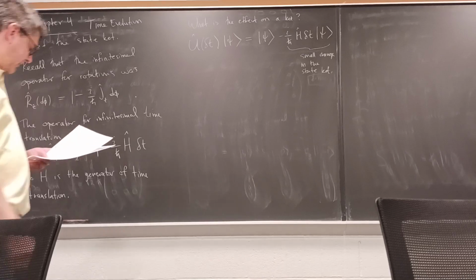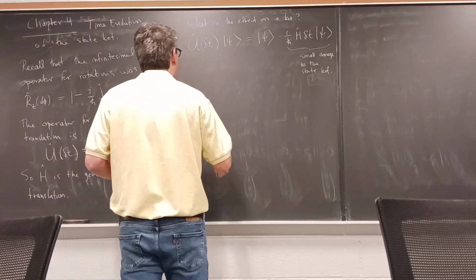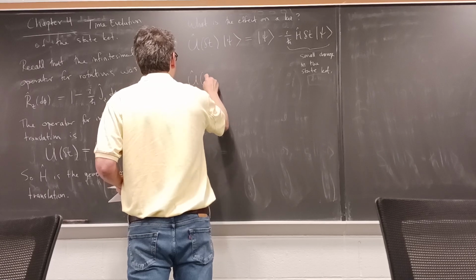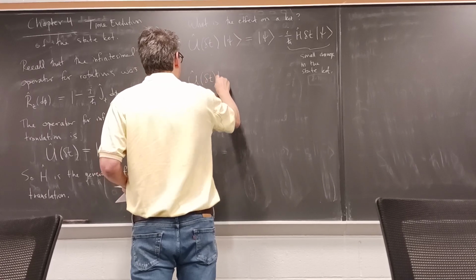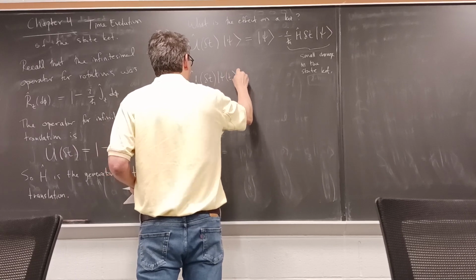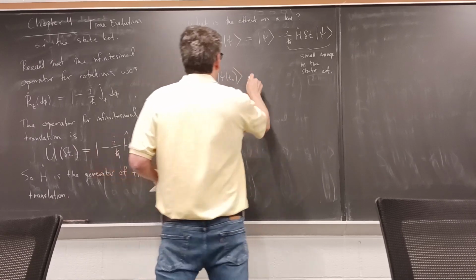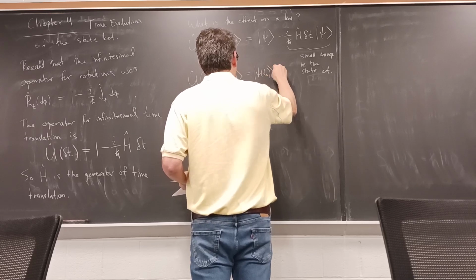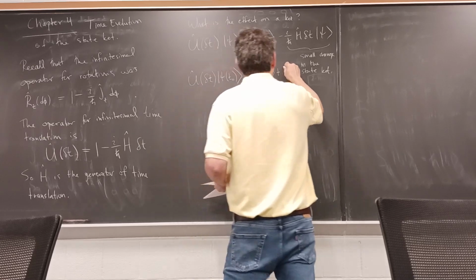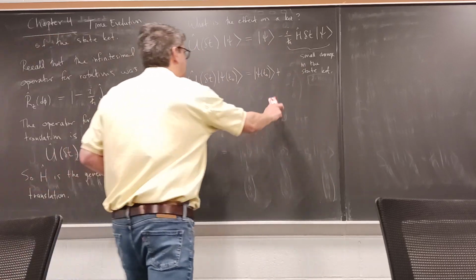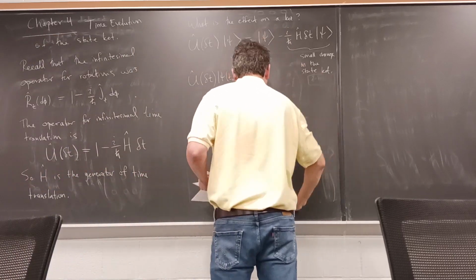So let's write down the same action, U of delta t on psi at t0, is equal to psi at t0 plus delta t.